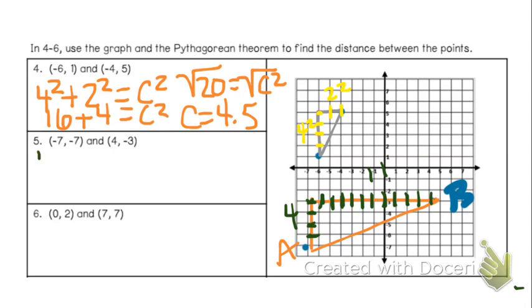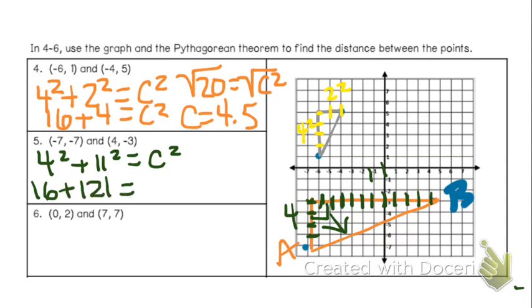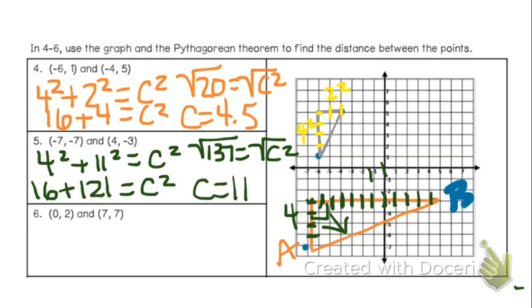I'm going to have 4 squared plus 11 squared equals C squared, because this is my right triangle and this is side C. So 4 squared gives me 16 plus 11 squared, which gives me 121. I'm going to add 16 and 121 together, and I'm going to get 137. I'm going to take the square root of 137 on my calculator, and I'm going to get 11.7. So C equals 11.7.